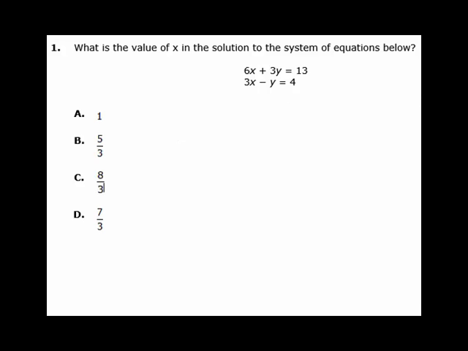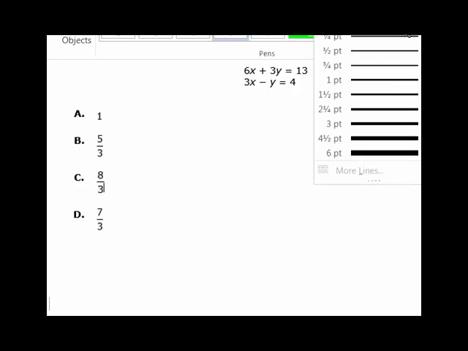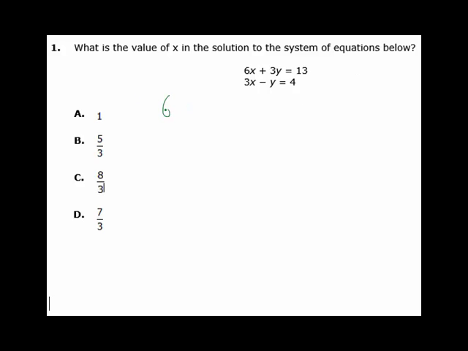So for the first equation, we've got 6x plus 3y equals 13. Let's go ahead and copy that down. So 6x plus 3y equals 13. To get y by itself, I'm going to subtract 6x from both sides since it's a positive 6x.